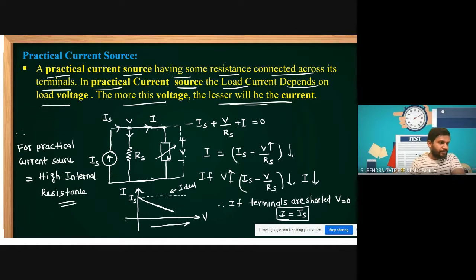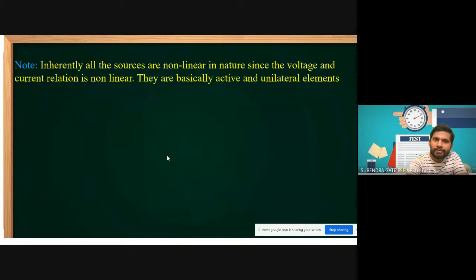Yes, friends, please concentrate. This is about the ideal current source and practical current source. But this is a final conclusion point I am giving. Inherently, all the sources are non-linear in nature, since the voltage and current relation is non-linear.